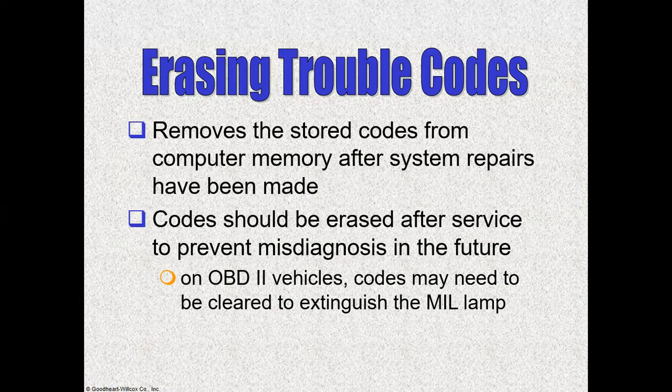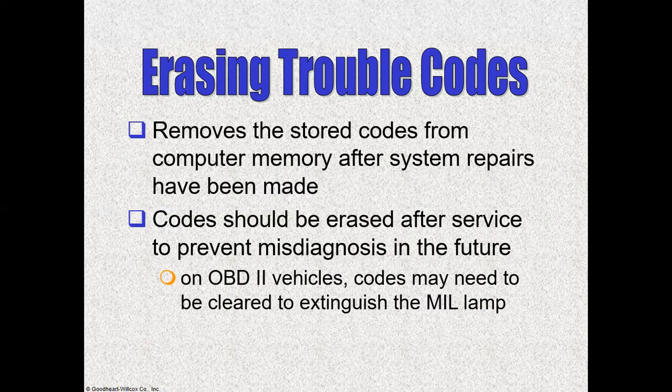All right, so on an onboard OBD2 vehicle, the code may need to be cleared to extinguish the main lamp. And with some vehicles, once the code is there, the vehicle will continuously be in limp mode until the code is actually cleared. Then things go back to normal operation.